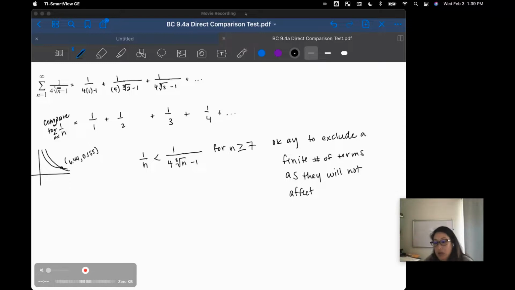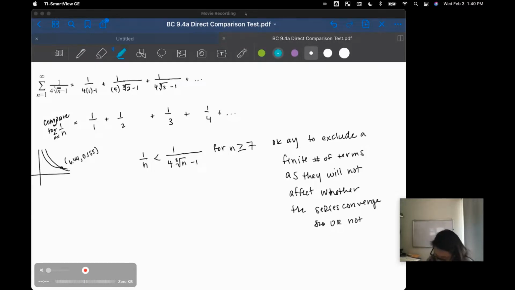Is the tail decreasing fast enough for us to converge or not? Okay.